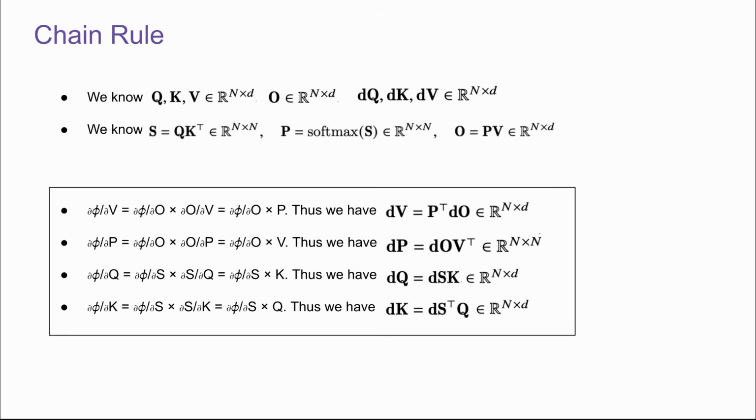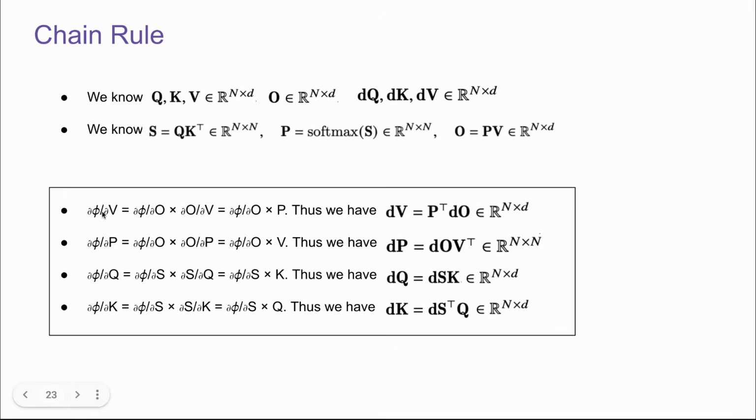Now let's briefly go through the chain rule. We already know q, k, v matrices are n by d. O is also n by d. dq, dk, dv are also n by d. We know S equals q kT. P equals softmax S. Both of them are real value matrices of n by n. O equals P and V matrix multiplication. It's n by d.